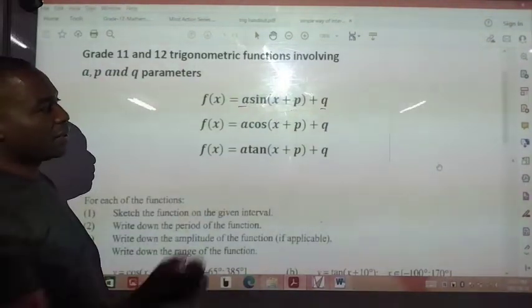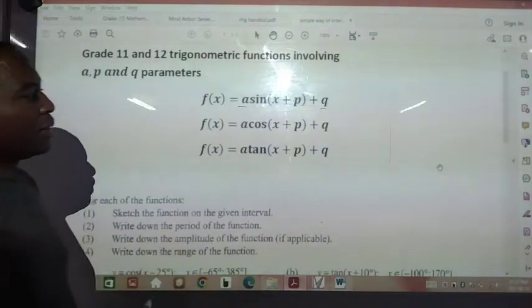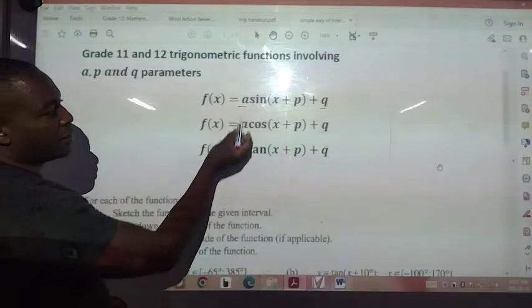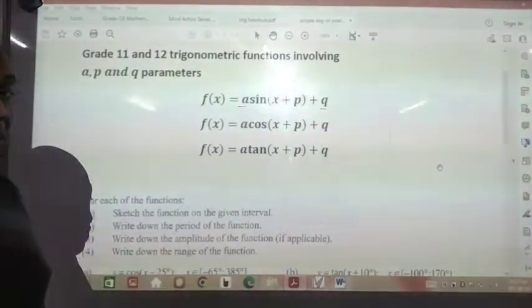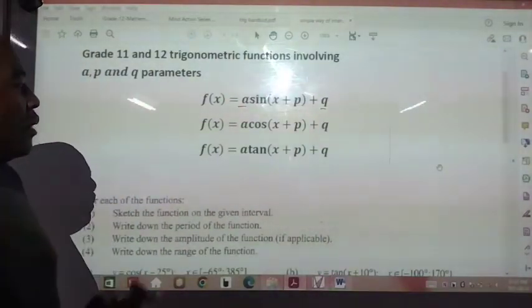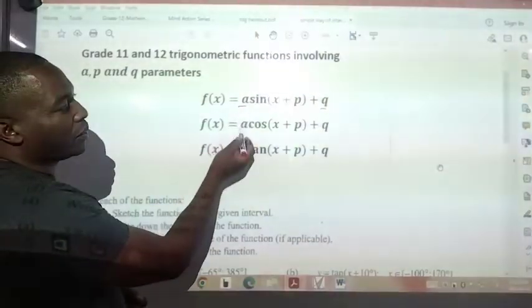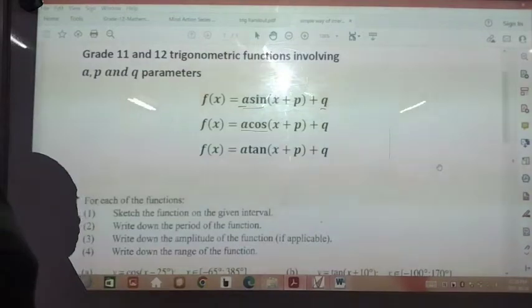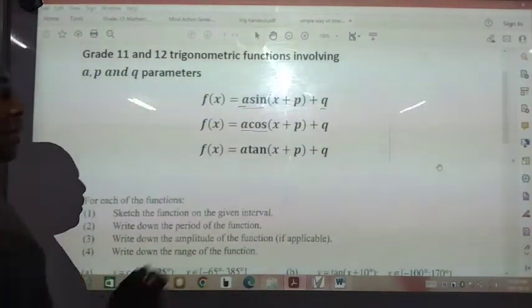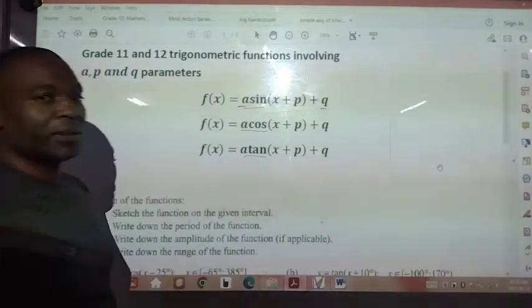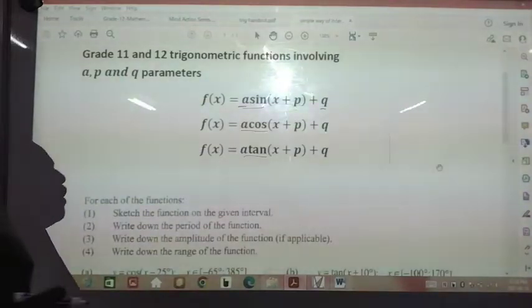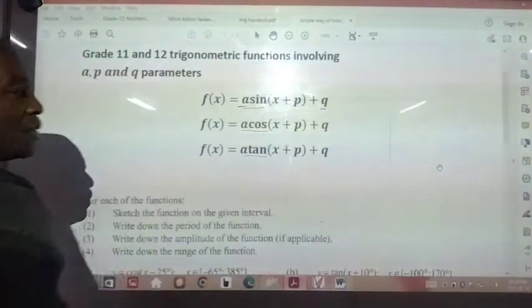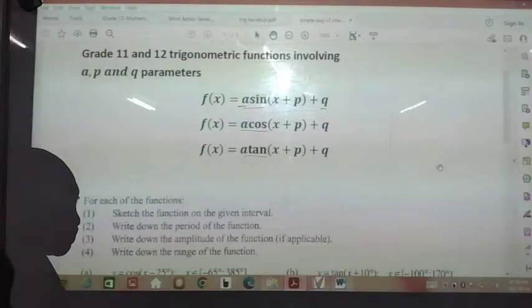We understand that the effect of A on the graphs is a vertical stretch, which affects the amplitude on the graph of sine and the graph of cosine. And on the graph of tan, it is just a vertical stretch because it does not have an amplitude.